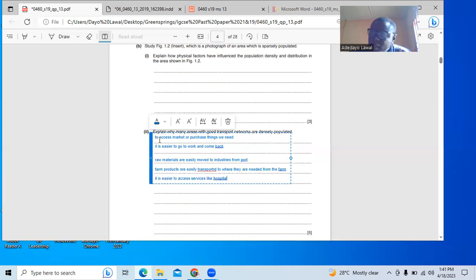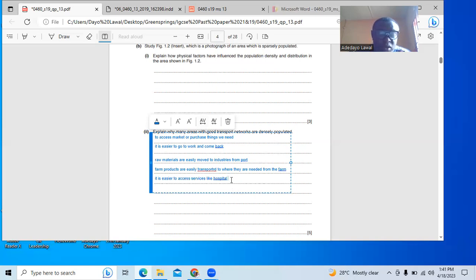But in a situation whereby there is an emergency and you could not even get a vehicle in 30 minutes, and the situation gets worse, and by the time they are getting to the hospital, maybe the situation has gone out of hand. So people might choose to move away from such an area to where they know that if they need anything, they can easily get it.